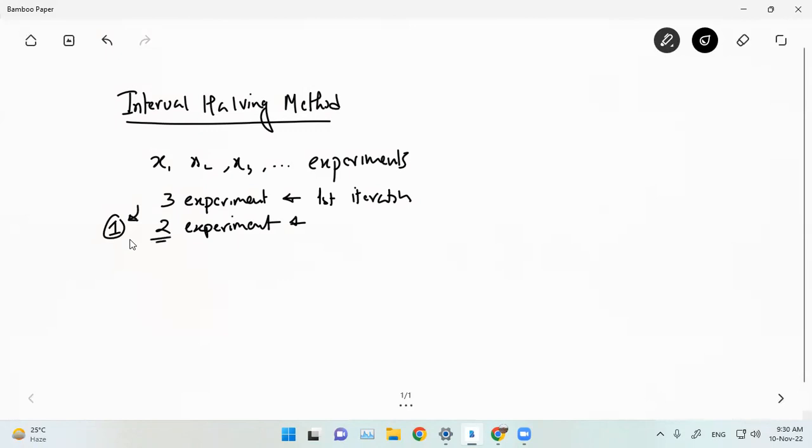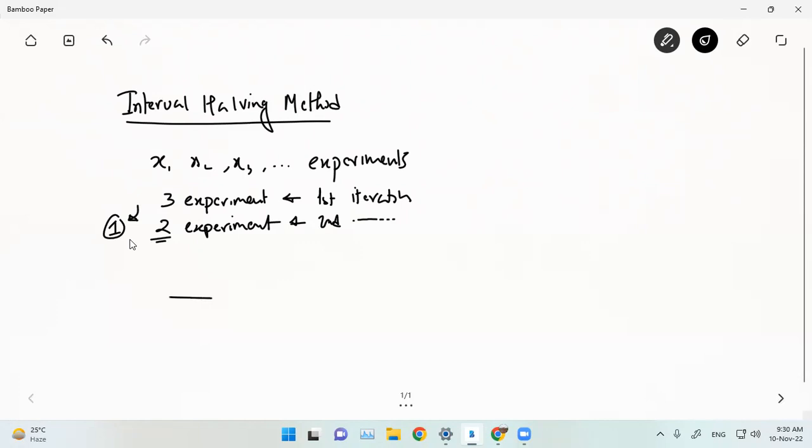So 2 more are needed. That is why we call it 2 in the successive and continuous iterations. So even though we are going to use 3, 1 is already available from the previous one.